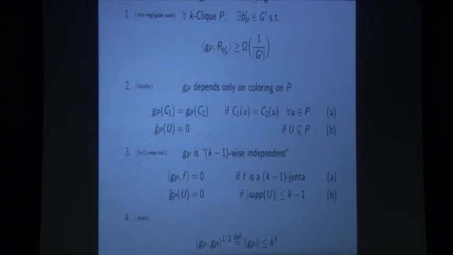Oh, sorry, this is a typo. It's the support of U, not a subset. Sorry, I made a mistake here. Oh, it's a support. So this is correct, this is wrong, this is correct. I have to use the support of U. Okay, so what's the support of a coloring? A support of a coloring is the set of vertices receiving non-zero color.